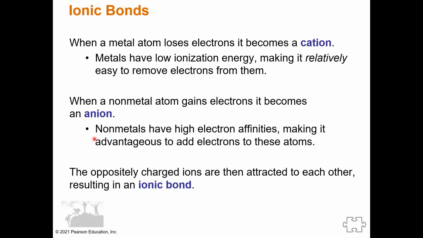When you take a look at nonmetals, again, remember they have very high electron affinities. So think of the halogens. They want to gain electrons to have the noble gas configuration, and so they become anions. Once this transfer of electrons happens, then these oppositely charged ions are going to be attracted to each other and form ionic bonds.